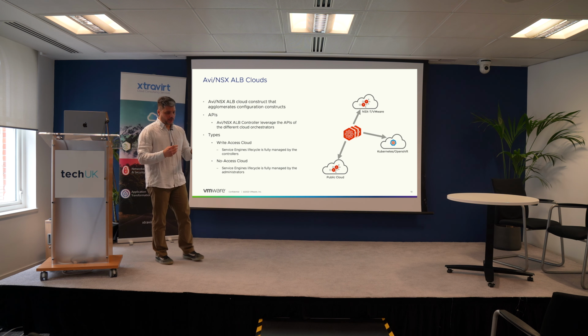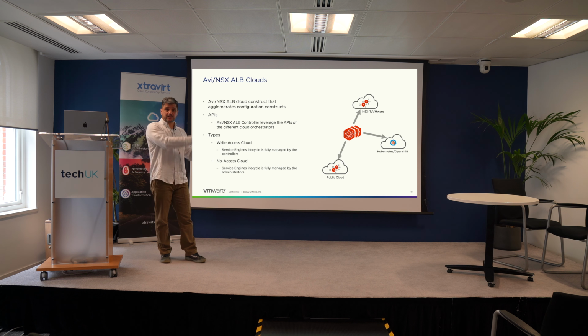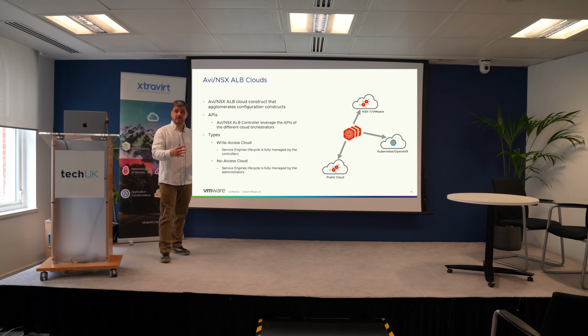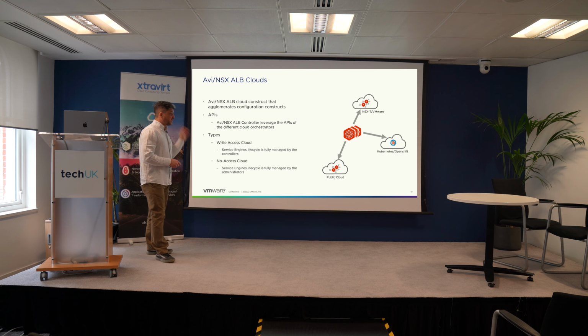That cloud can be an NSXT cloud, which literally uses NSXT and a vCenter, but it can be a vCenter cloud, which uses only the vCenter information. It can be an AWS cloud, which interacts with AWS, or it will depend on what orchestrator you're going to use. This is all API driven. So the controller speaks with the orchestrators.